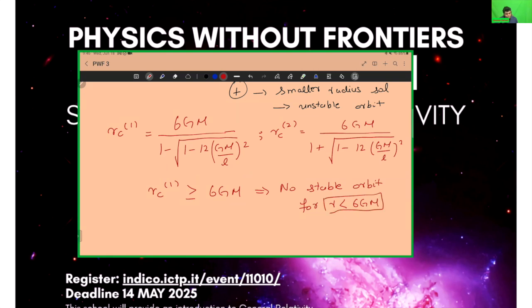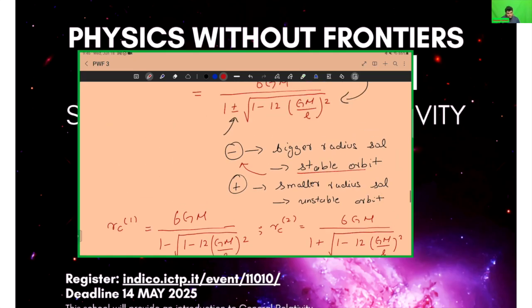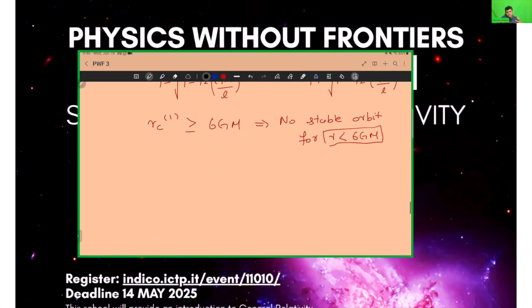It means that if you go closer to the black hole than R equals 6GM, then you can never attain a circular orbit. That's simply not true for Newtonian mechanics, right? In Newtonian mechanics, if you remember, or if you don't, you can derive this result very easily using the Newtonian potential. In Newtonian gravity, if you have angular momentum L, then the circular orbit has radius L squared over GM.